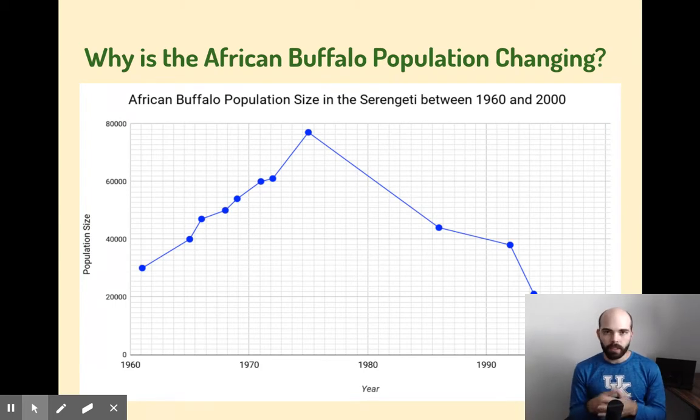And ultimately, the goal is to figure out what the problem is so that balance can be returned to the Serengeti. Now, to help you figure out the problem, you first need to understand a little bit of the background. You need to make some observations. We talked about that. When you think like a scientist, one of the first steps you do is start making some observations.